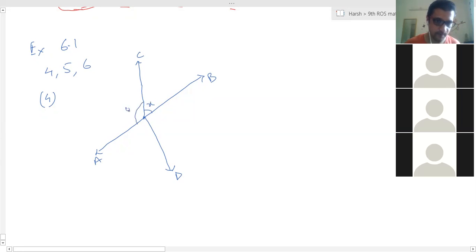This is y. This is z. And this is w. It's given that x plus y equals w plus z. So prove that AOB is a line. So you have this is AOB. AOB is a line.